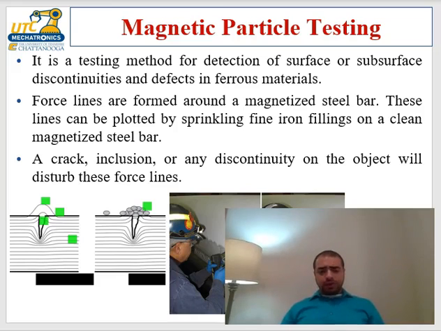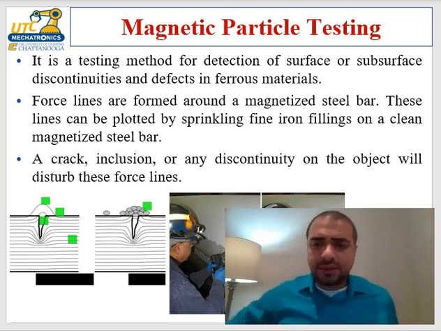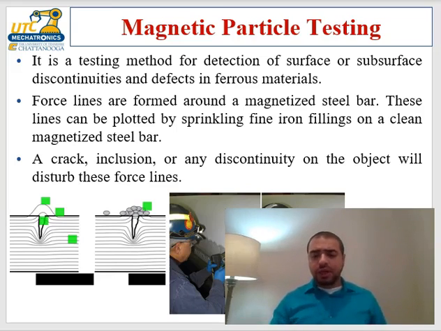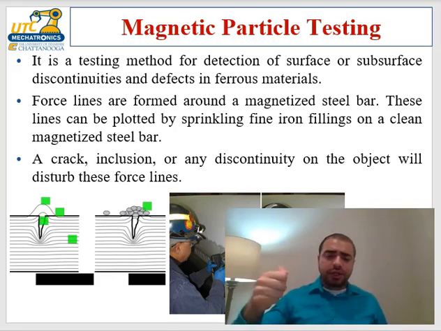The last method that we're going to see is magnetic particle testing. This method only applies to ferrous materials, anything that can be magnetized. The reason for that, as you see here, is that you are going to have an electromagnet.